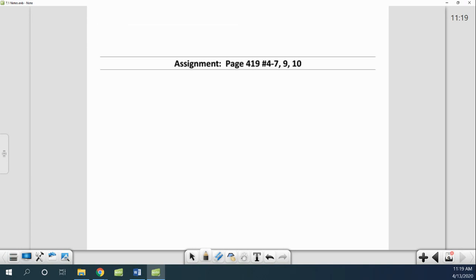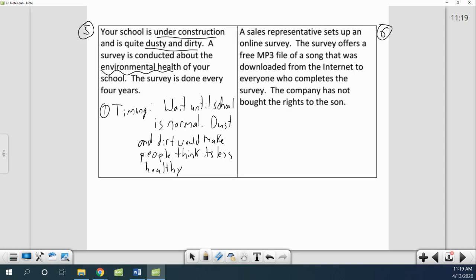All right, I think this is the last one. Yeah. So a sales representative sets up an online survey. They offer a free MP3 file, woohoo, that was downloaded from the internet to everyone who completes the survey. The company has not bought the rights to the song. So what are you running into here? Obviously, ethics, right?